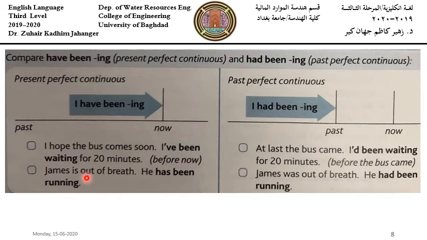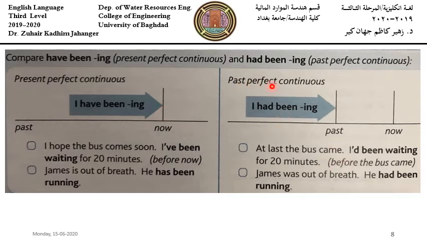He has been running. So now I can see him. He can't breathe very well. But why? Because he has been running, until he's here. I saw him. He has a shortness of breath.